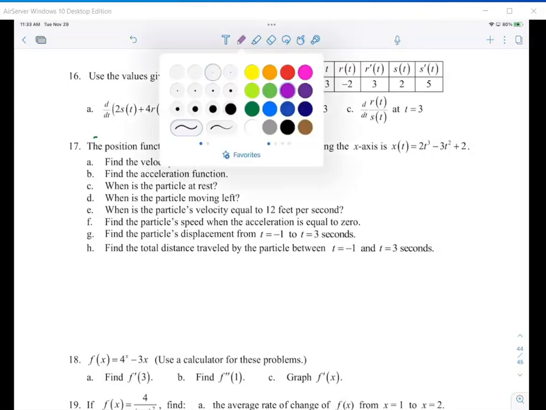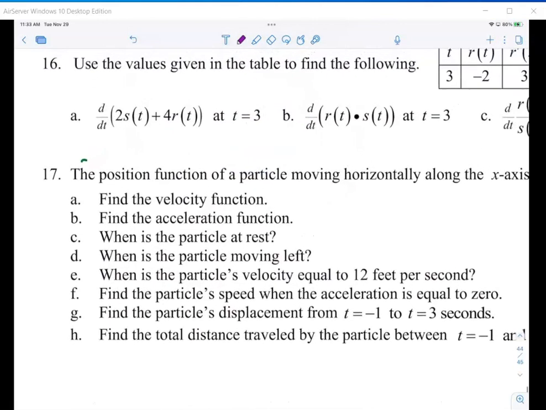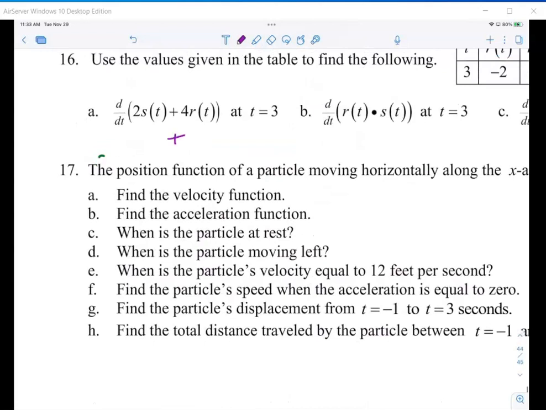This is just a regular rule, number 16. It says if you're adding two functions, you simply add the derivatives of each of those. So when I take the derivative of this, it's 2 and then the derivative of s. And when I take the derivative of this, it's 4, and then the derivative of r. I don't have to do a product rule or anything, the numbers just stay out front.